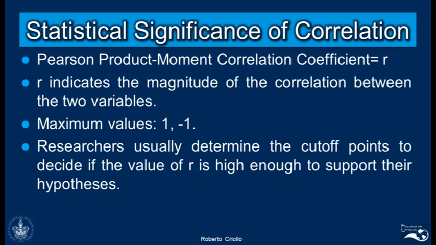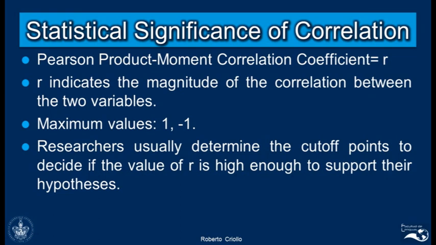Now, the researchers are usually going to determine the cutoff points that they consider valid in deciding if the value of R is high enough to support the hypothesis. But obviously, the computer is going to give you an indication of the significance of the relationship. This means that we're going to find some symbols, for example a star, if the relationship is just significant to a certain extent, that there is a relationship, but it is not completely true that the correlation is significant.